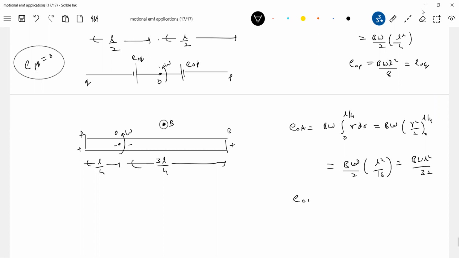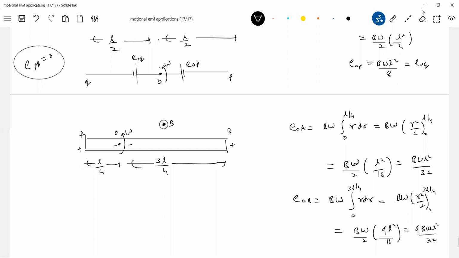Similarly, EOB, from 0 to 3L/4: B omega by 2 times (3L) squared by 16, so 9L square by 16, giving 9B omega L square by 32.